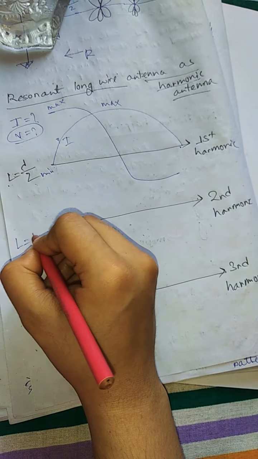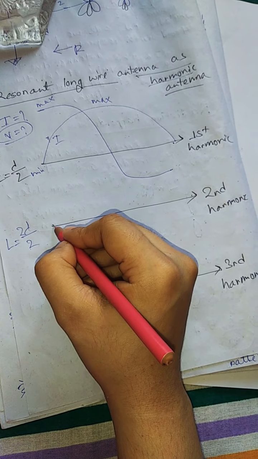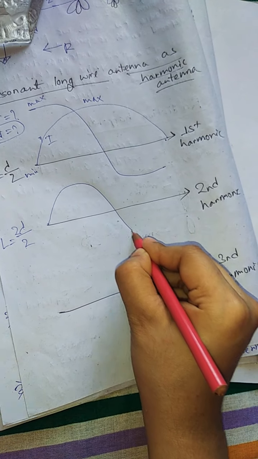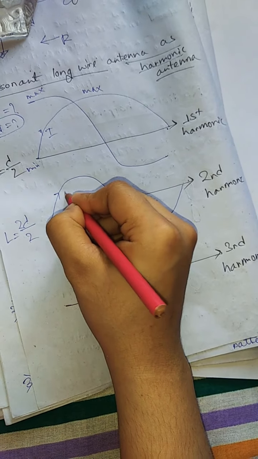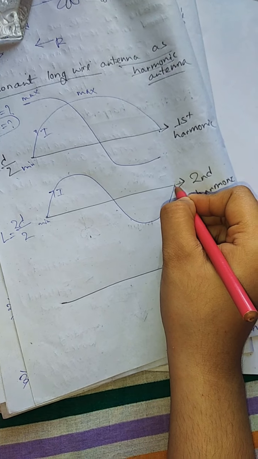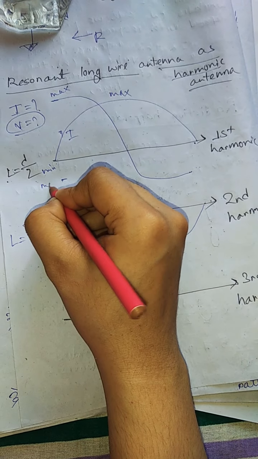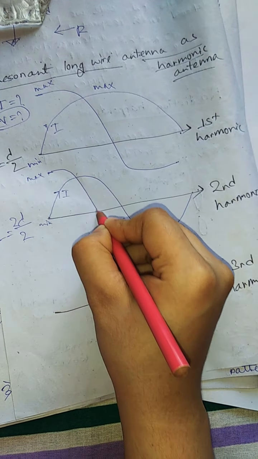If L is equal to 2 lambda by 2, the current completes one full wave, and the voltage always starts from maximum.